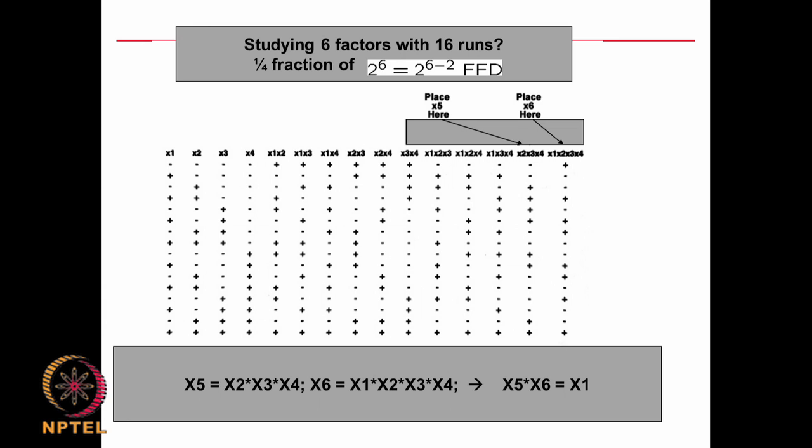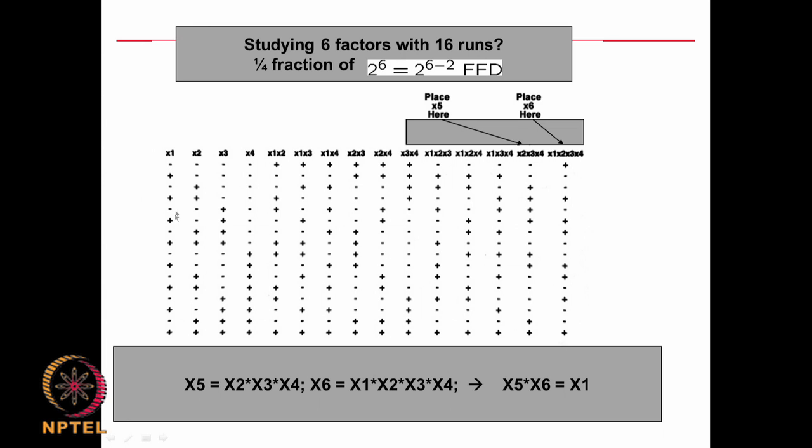Okay. Now, let us look at 6 factors x1, x2, x3, x4, x5, x6. Imagine first I start with the design matrix for x1, x2, x3, x4, that is 4 parameters. 2 raised to the power 4 is 2 into 2 into 2 into 2, 16 experiments, understand.